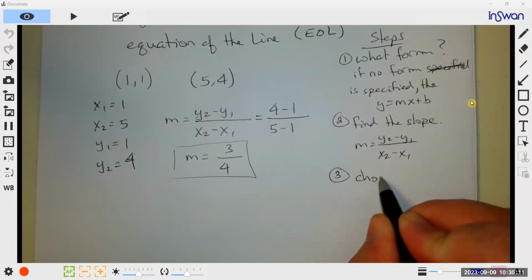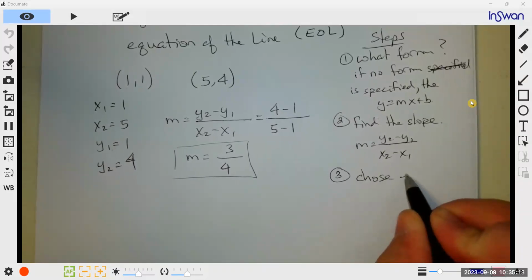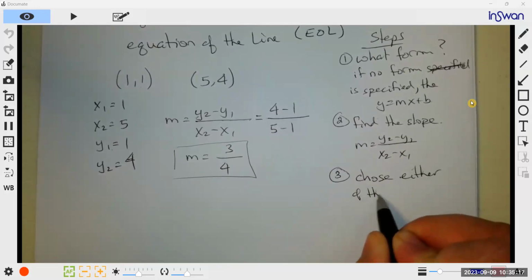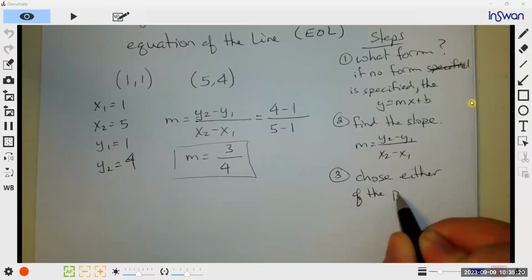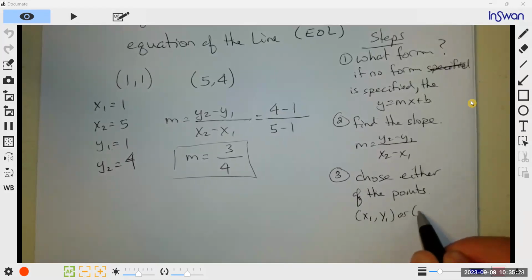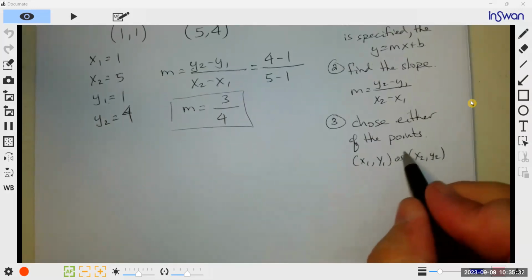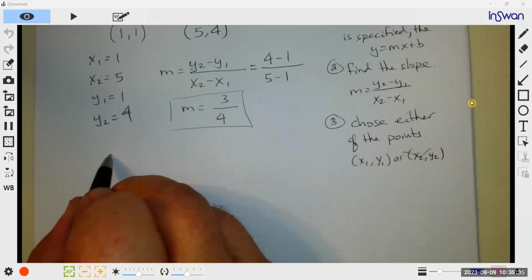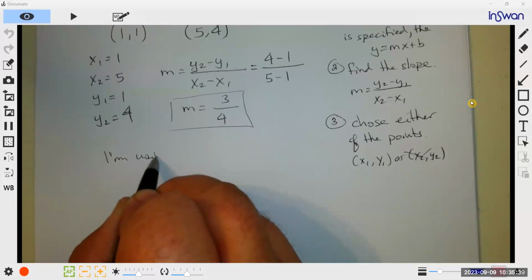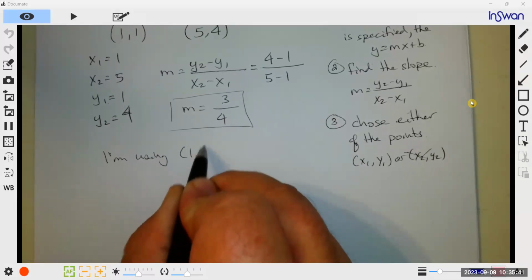Now choose either of the points, x1, y1, or x2, y2, doesn't matter which one. For this example, I'm going to use the first point.